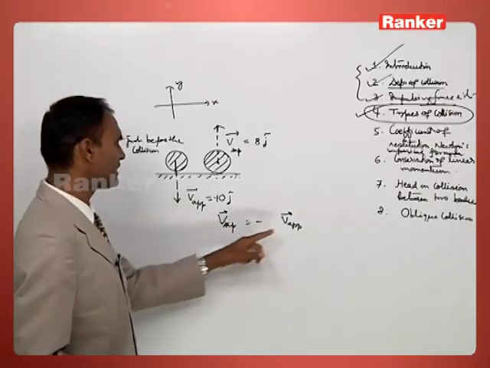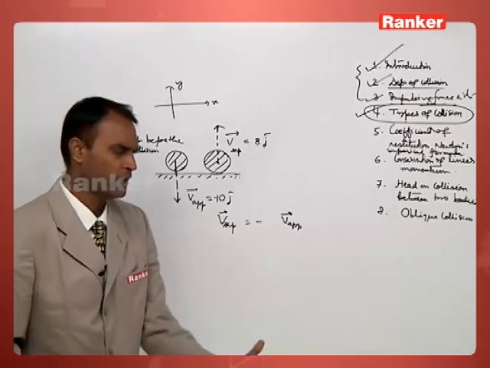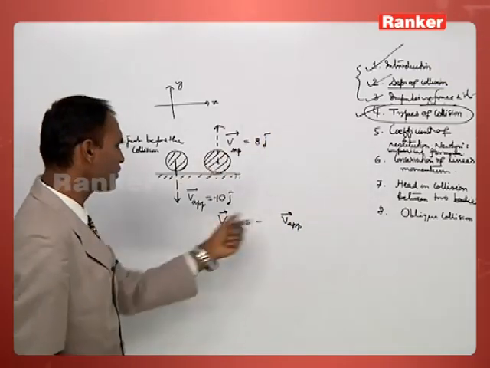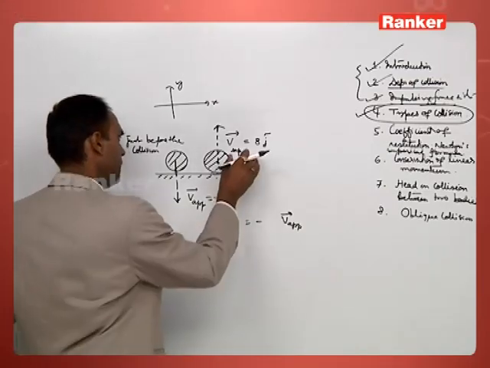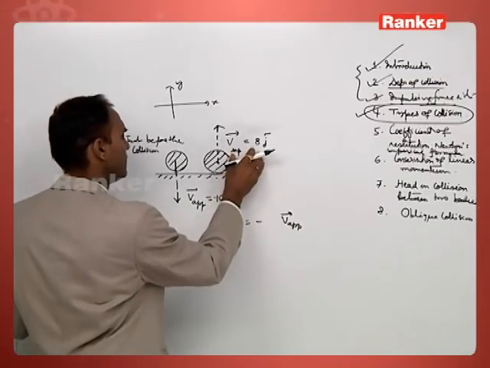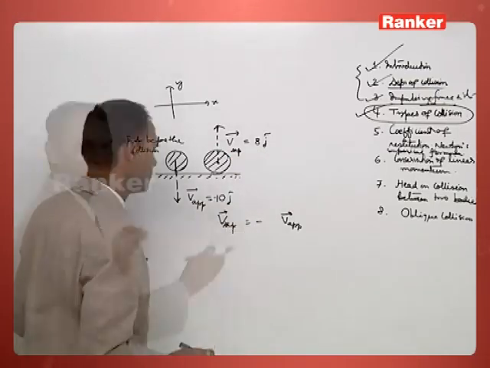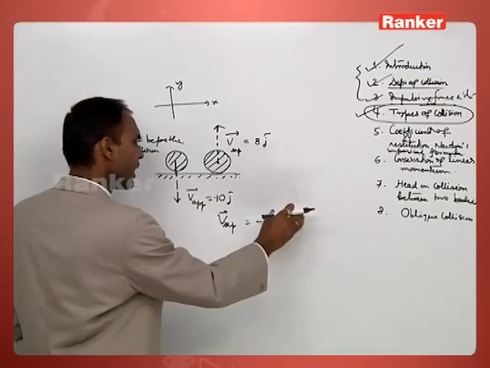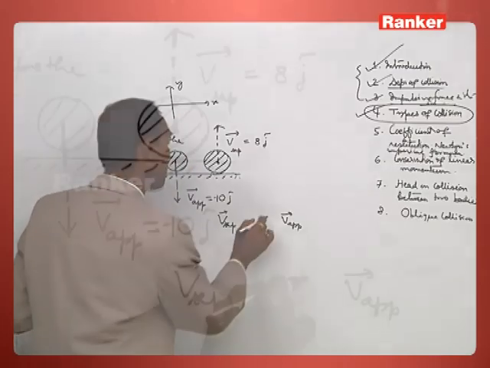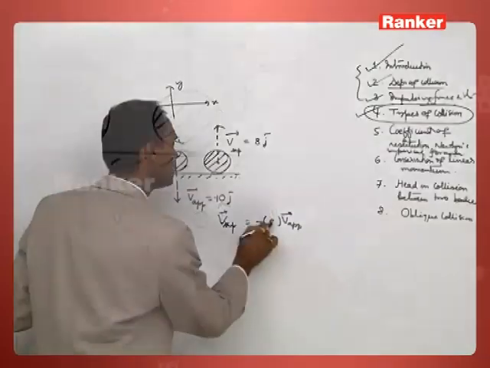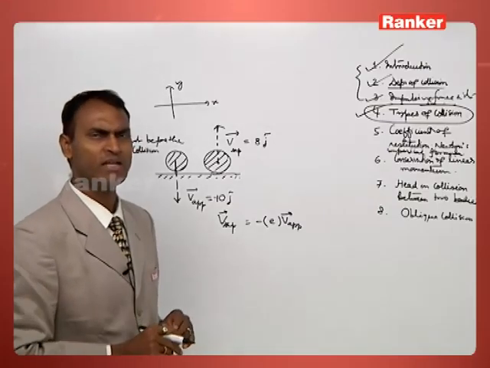It is approaching, it will be separating. So these two velocities must be opposite. And velocity of separation is always less than the velocity of approach. Or we can say that the velocity of separation is a fraction of the velocity of approach, and that fraction is called the coefficient of restitution.